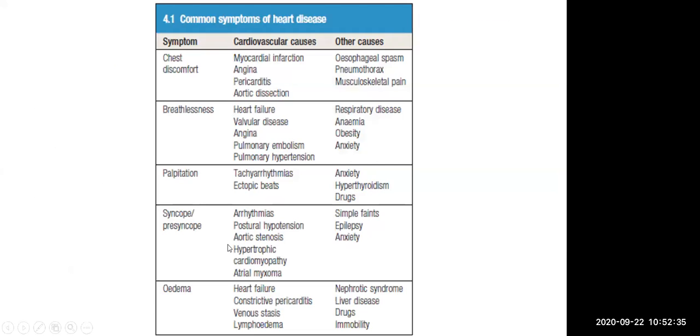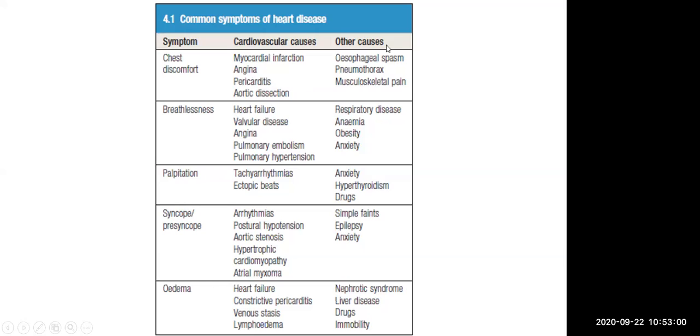Okay, you need to write down in your notebooks the common symptoms of heart disease. They are chest discomfort or chest pain, and what kind of disease can cause it: myocardial infarction, angina, pericarditis, aortic dissection.